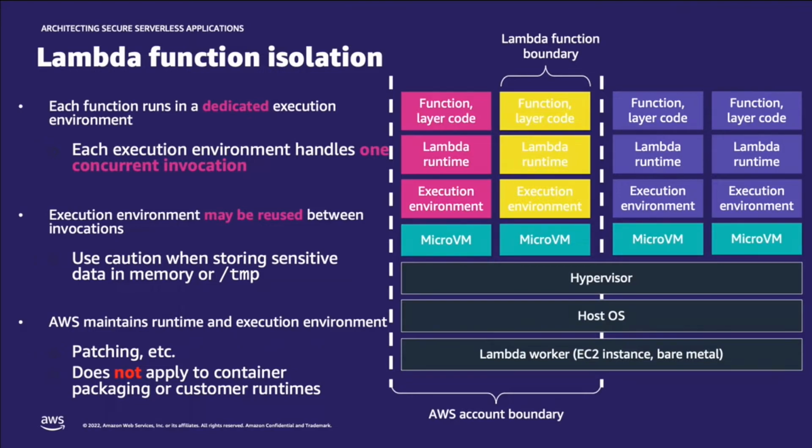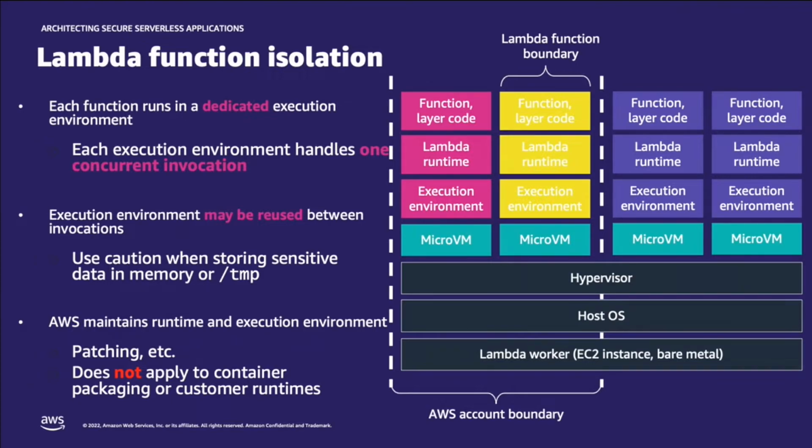This is the way the Lambda function works, but it's really important from the security perspective, because you got to be very careful when storing sensitive data in memory or in a tmp folder, right? Because that could be accessed, right?